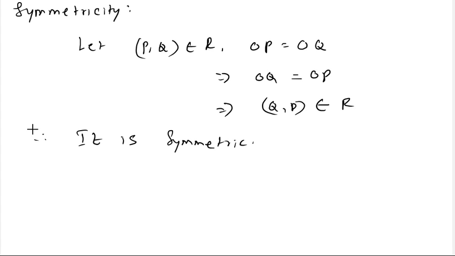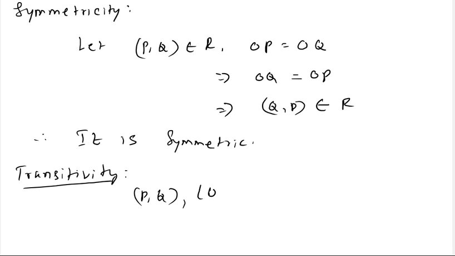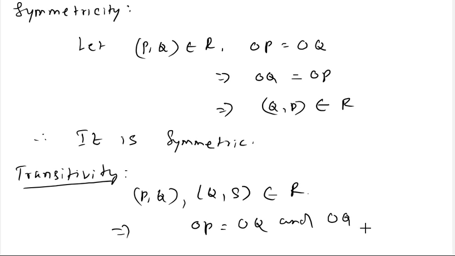It is symmetric. Then transitivity. Take two points (P, Q) and (Q, S) belonging to the relation R, and this implies OP equals OQ and OQ equals OS.